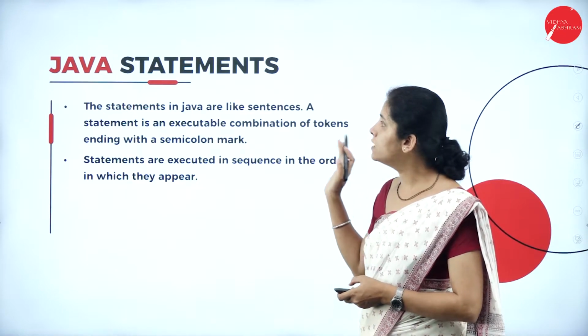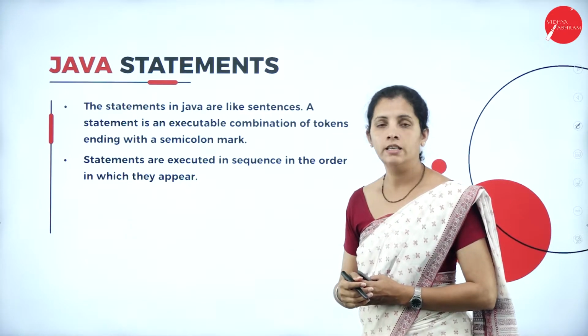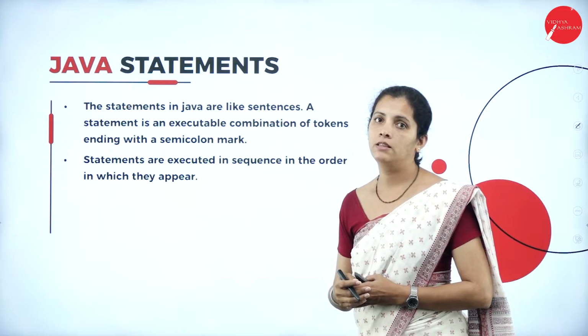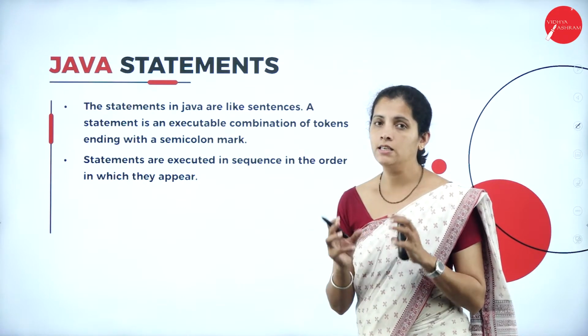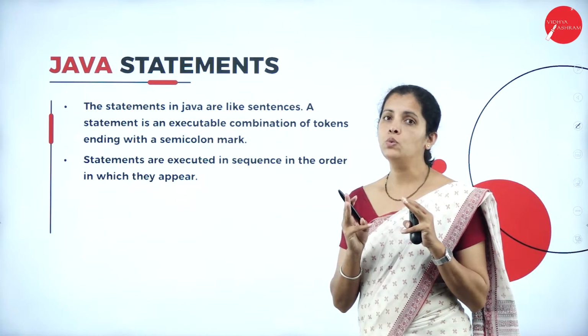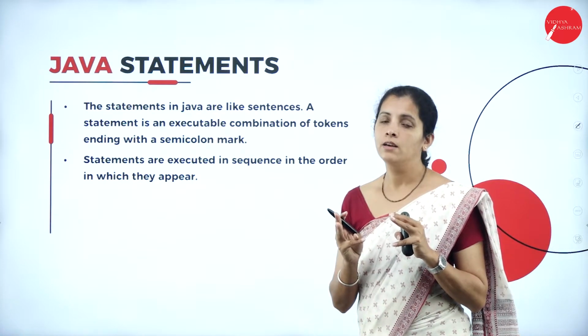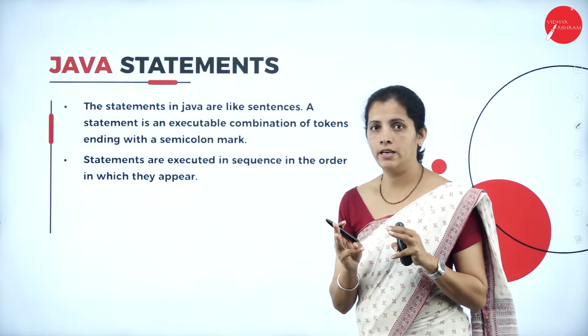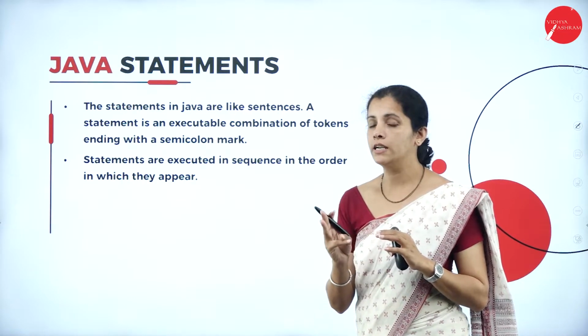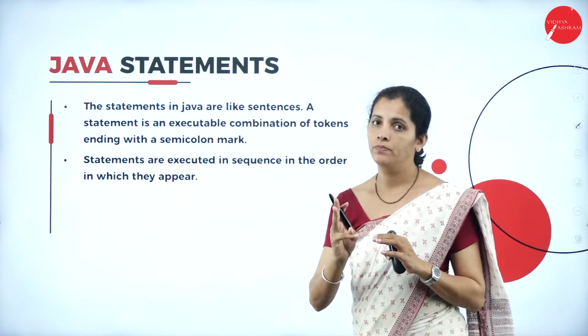So, dear student, what is a statement? Here, statements are nothing but the program lines. If I consider statements, I have two types: block statement and single statement. So what is a single statement? That is one line.